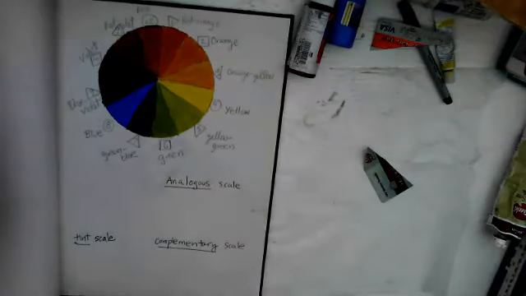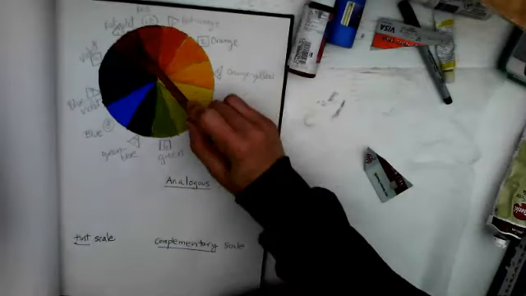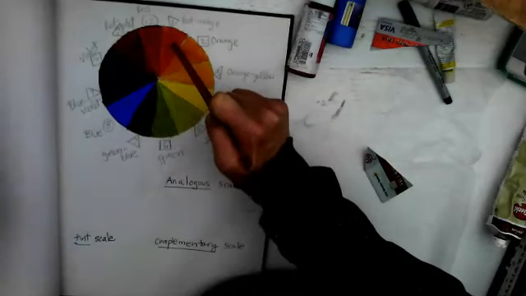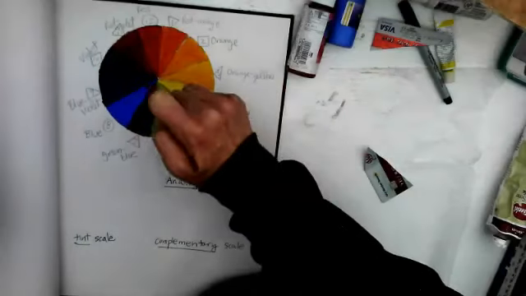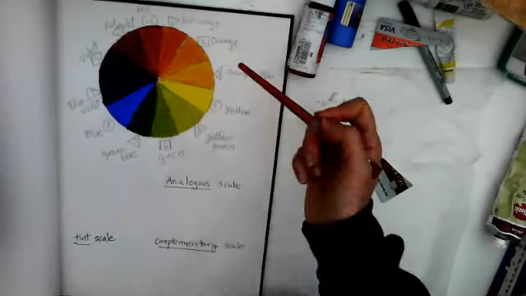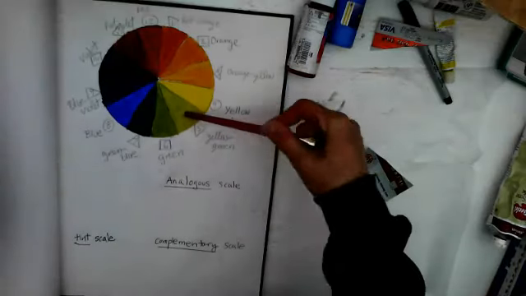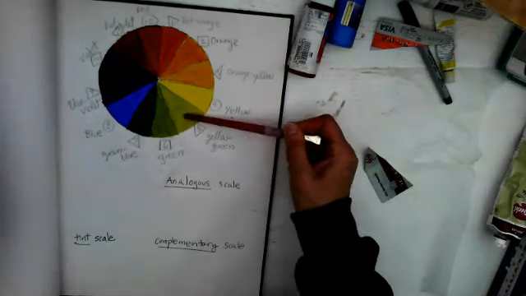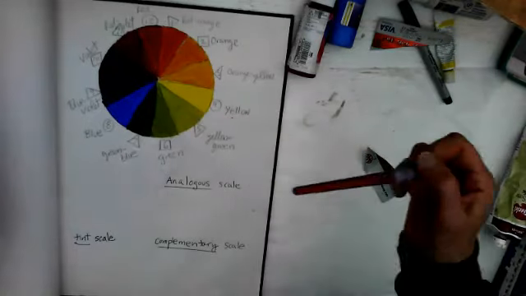Say we are looking at our tertiary colors. Red violet, the analogous of red violet would also be a tertiary color. It would be red orange or it would be blue violet. So the analogous of yellow green would be orange yellow, or another one would be blue green.